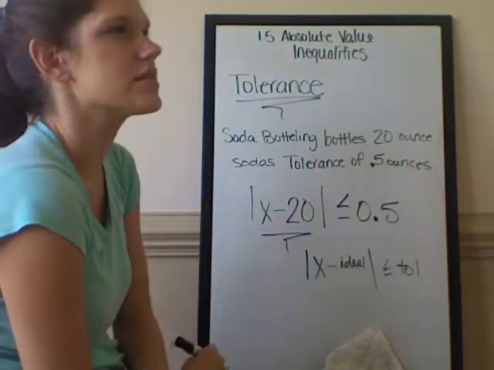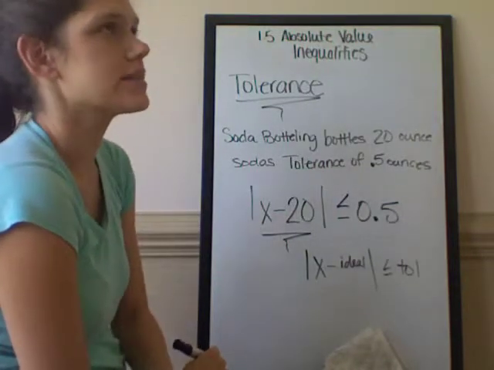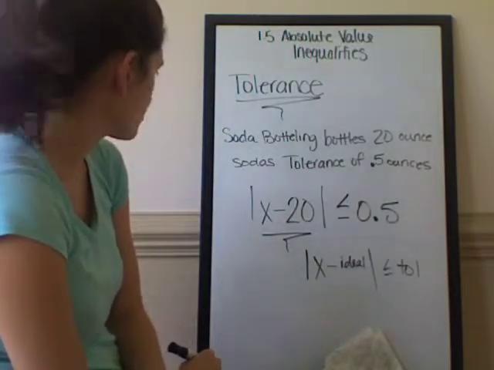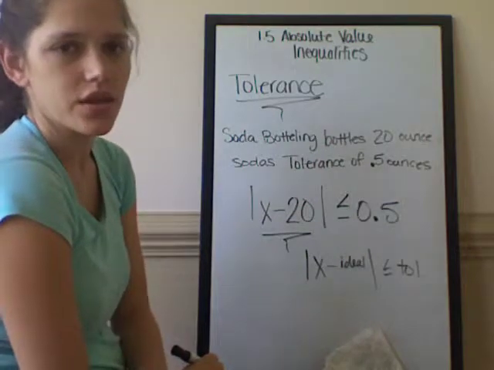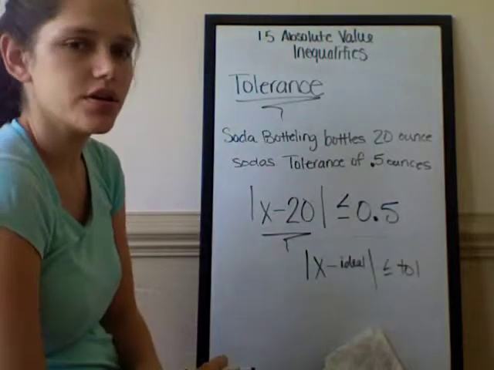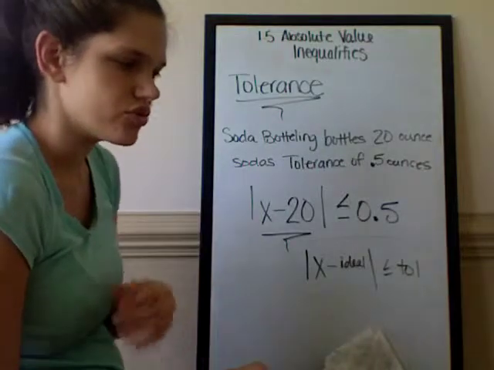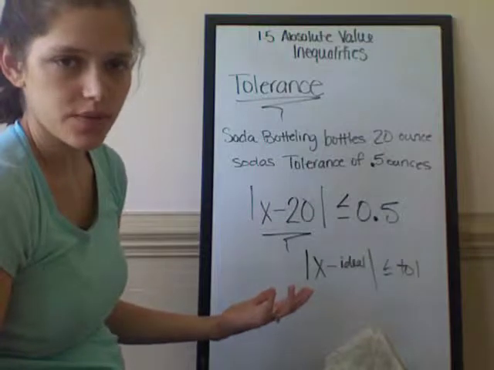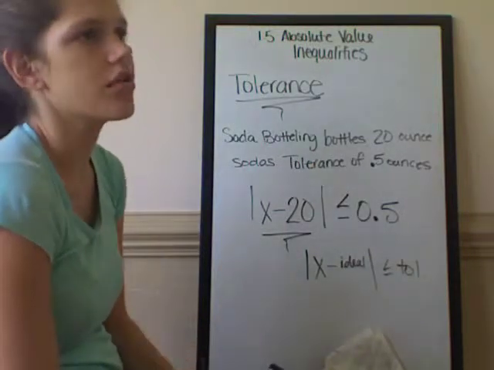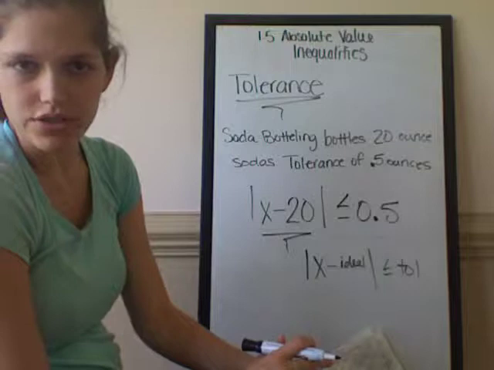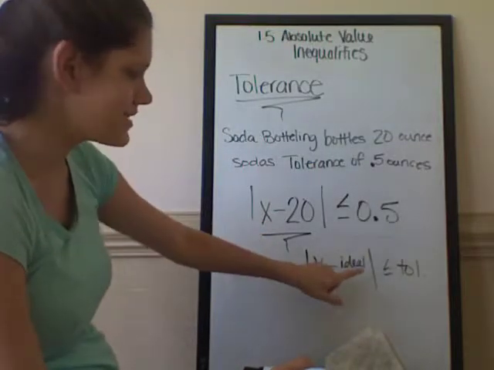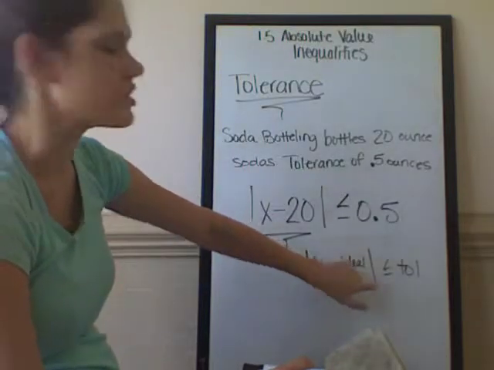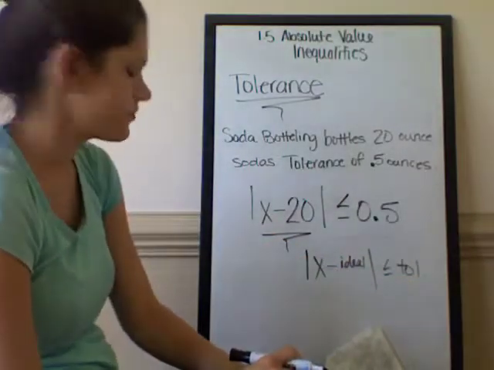Another example of this would be, if you've got a basketball and you're playing basketball for the league, you have to pump the basketball up, and as you inflate it, you do not want the diameter of the basketball to be more than 18 inches with a tolerance of, let's say, 0.75 inches. So your 18 inches is your ideal, that would go here, and then your tolerance, which was the 0.75 inches, would go over here. Okay.